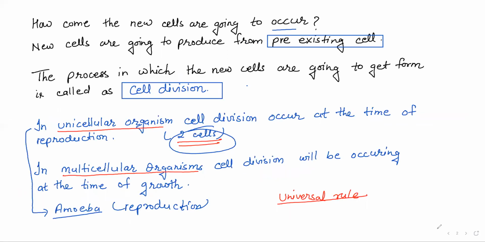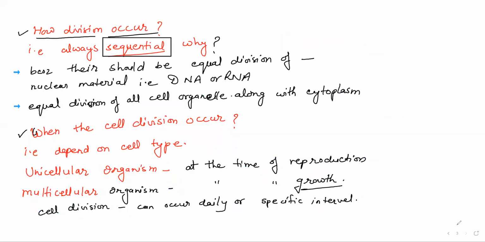So cell division is responsible for growth. In unicellular organisms, cell division occurs at the time of reproduction, whereas in multicellular, at the time of growth. So this is all about cell division, and in the next lecture, we will discuss the cell cycle.